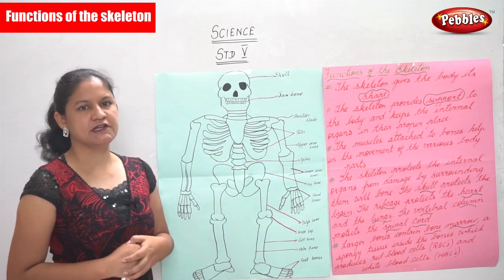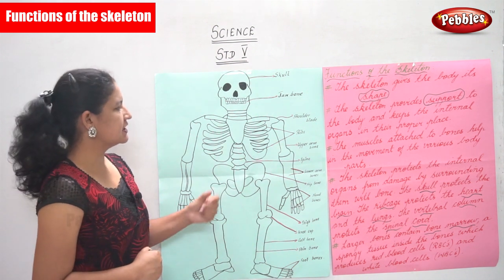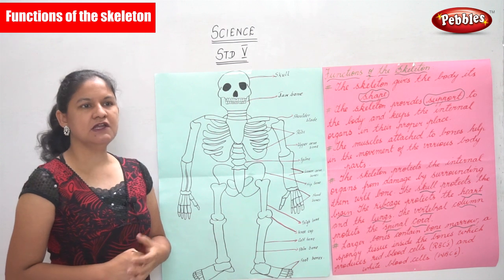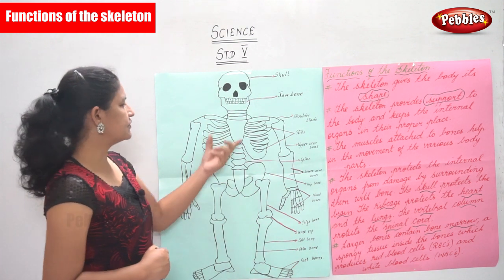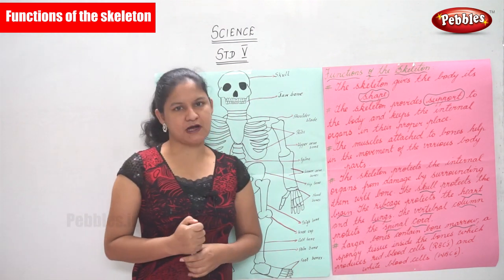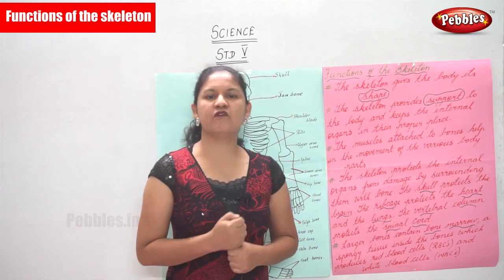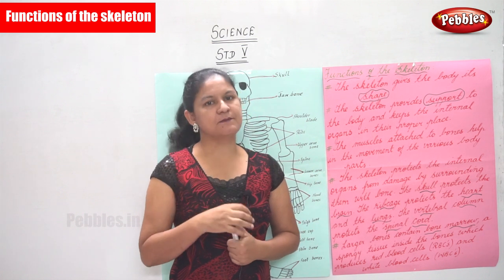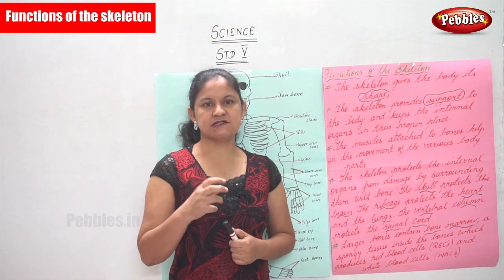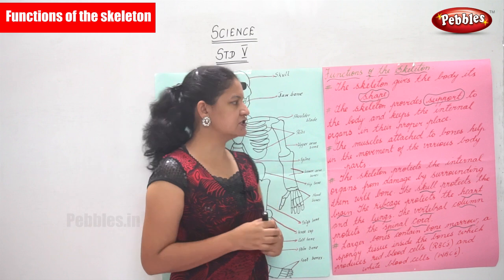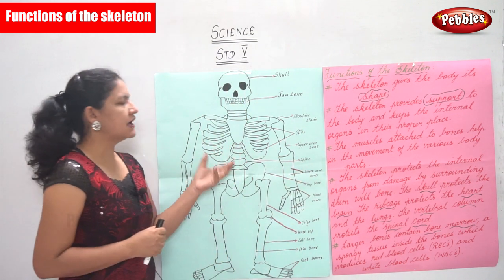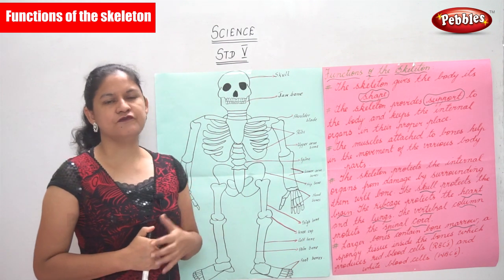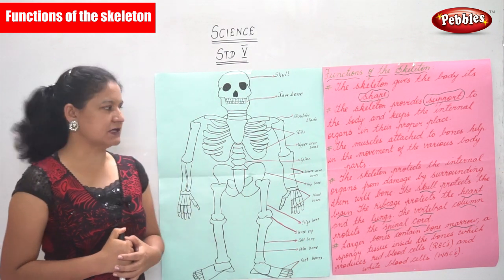The third point is the muscles that are attached to the bones help in the movement of the various body parts. So if I am to move my hand or my leg or my fingers, it is because of the muscles that are attached to the bones and thereby help in the movement of the various body parts.